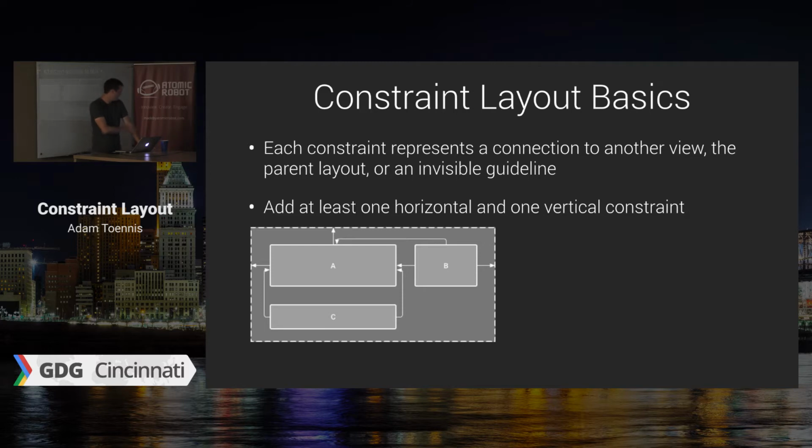For example, with A, you can see the horizontal constraint right there and the vertical constraint to A. So one of these views is not properly constrained. I don't know if anyone can guess which one it is. It's C. Wow, good. Yes, you're constrained horizontally twice, but you are not constrained vertically at all.